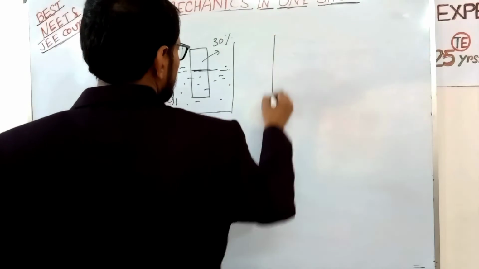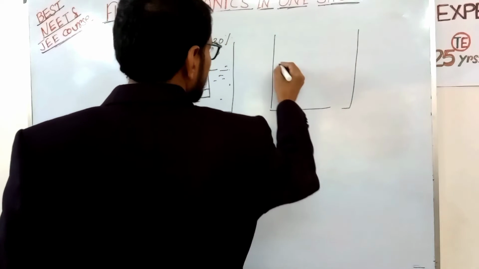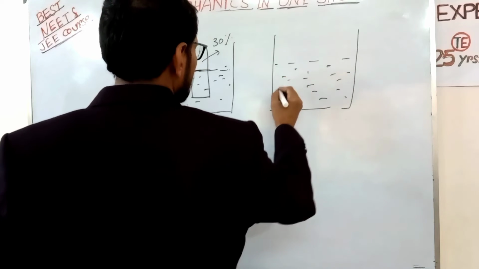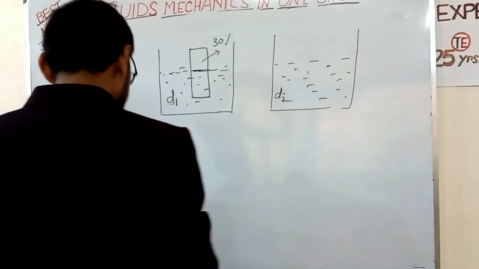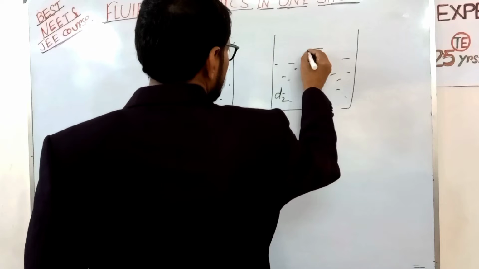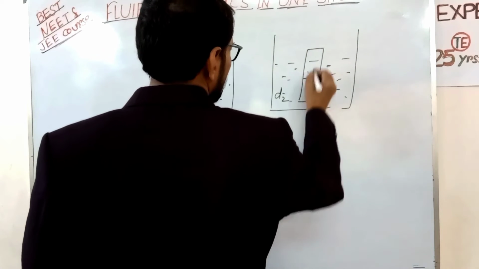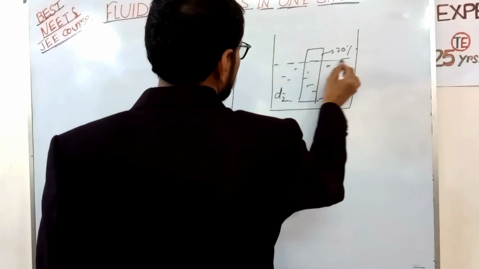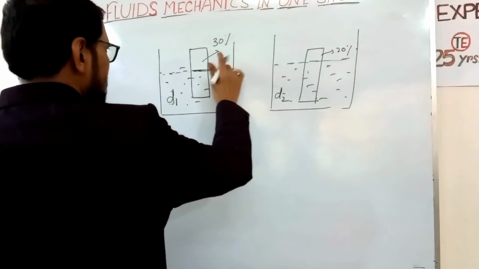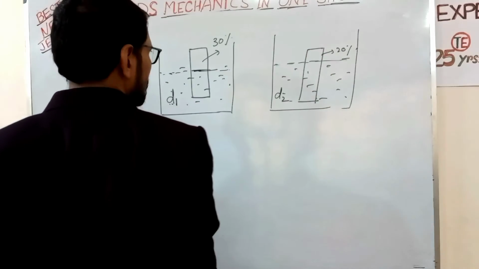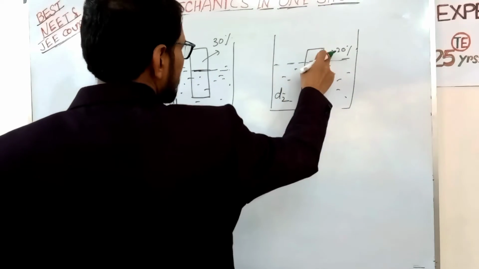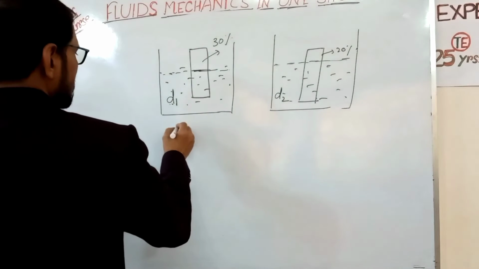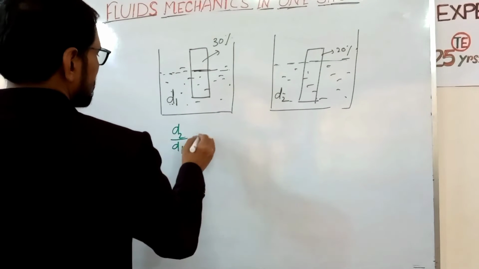And if the same block floats within another liquid, suppose the density of this liquid is d2, now 20% is upside. So if the same block floats within this liquid, then 20% is upside the liquid. So what is the ratio d2 by d1? d2 by d1 equals what?